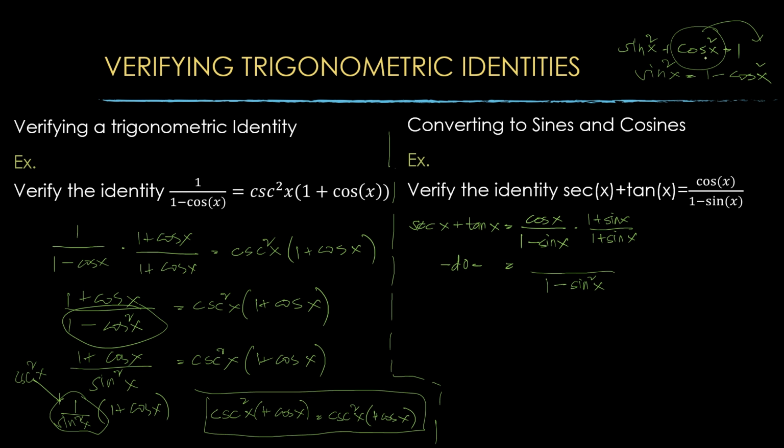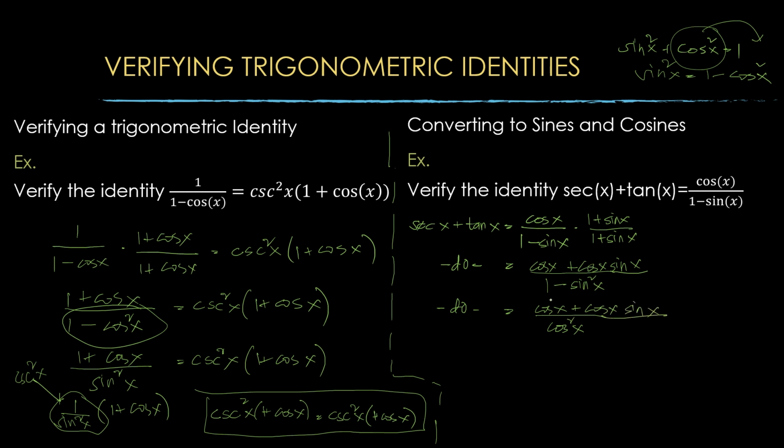It's basically equal to cosine of x squared. So the numerator now becomes the cosine of x plus the cosine of x sine of x, all over the cosine of x squared.